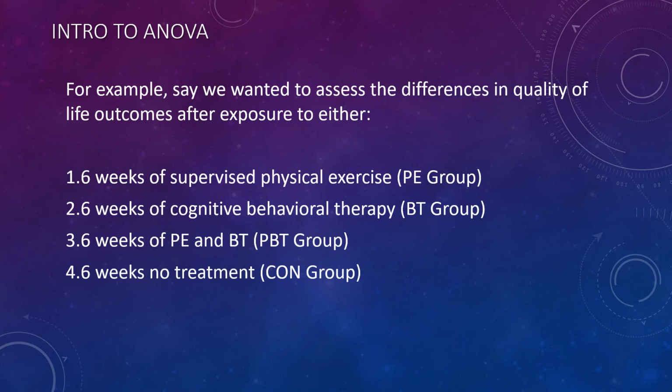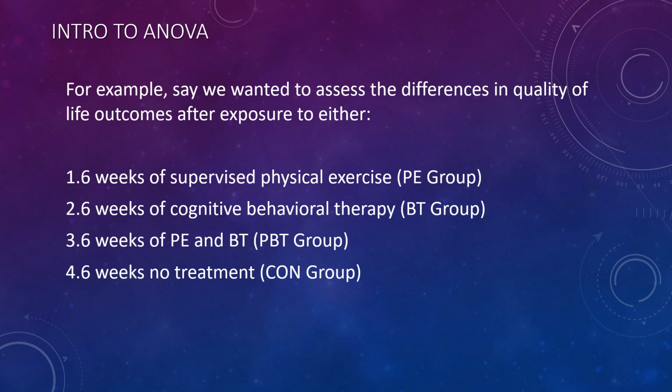Let's start off with an example. So in our introduction to analysis of variance here, let's say that we wanted to assess the differences in the quality of life outcomes, right? If we could measure quality of life after exposure to one of 4 different conditions.